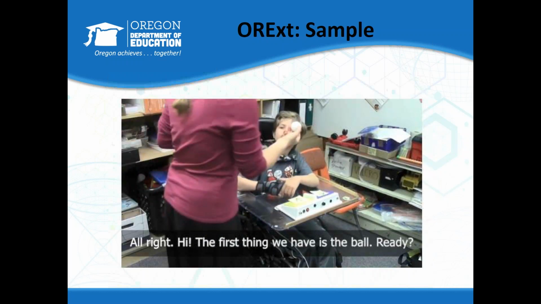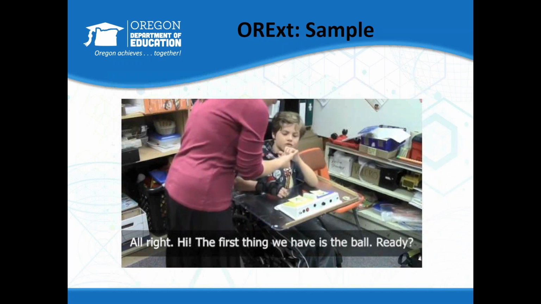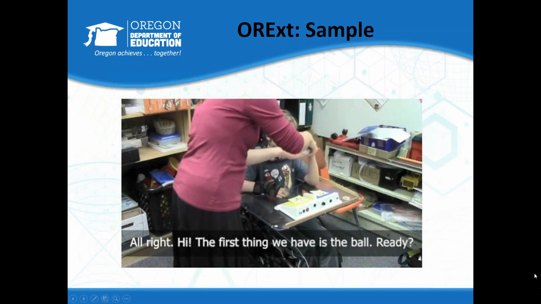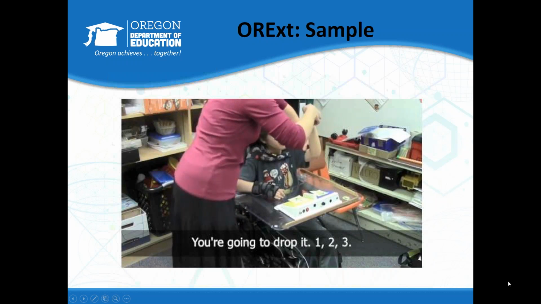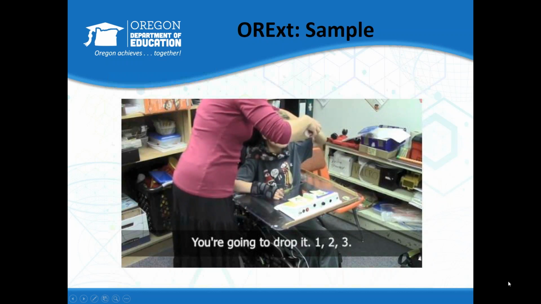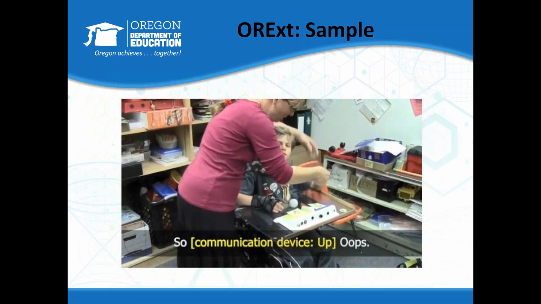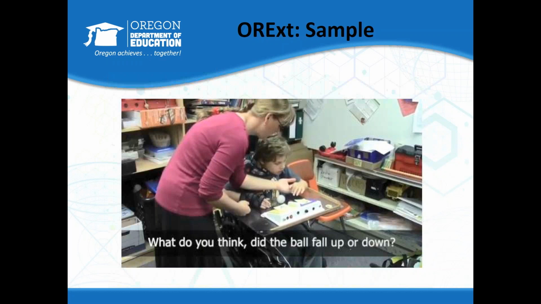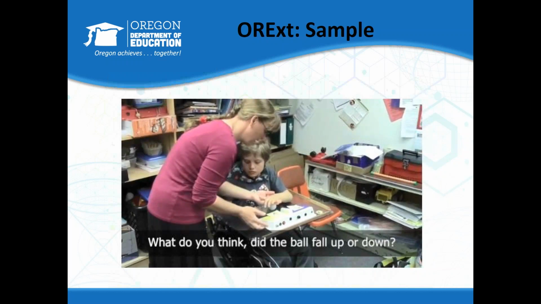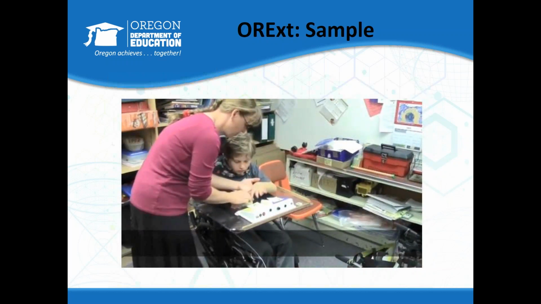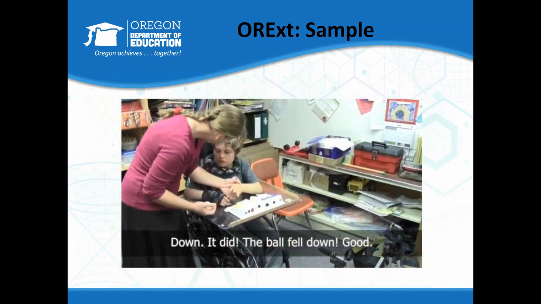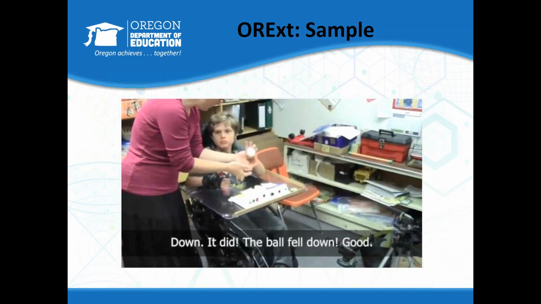All right. The first thing we have is the ball. Ready? I'm going to drop it. 1, 2, 3. So, what do you think? Did the ball fall up or down? Down. It did. The ball fell down.